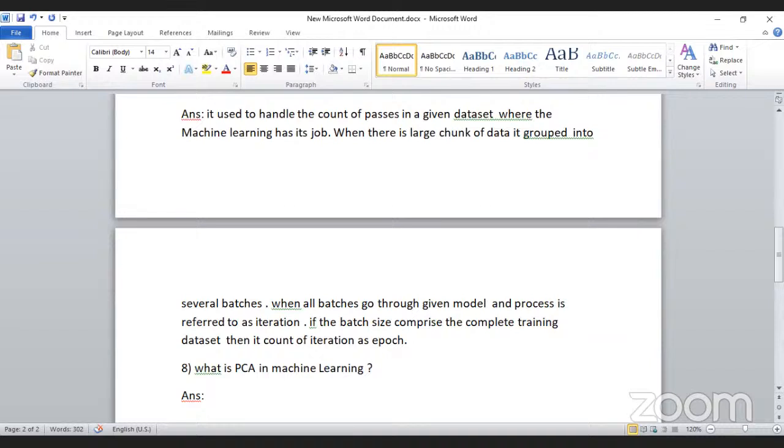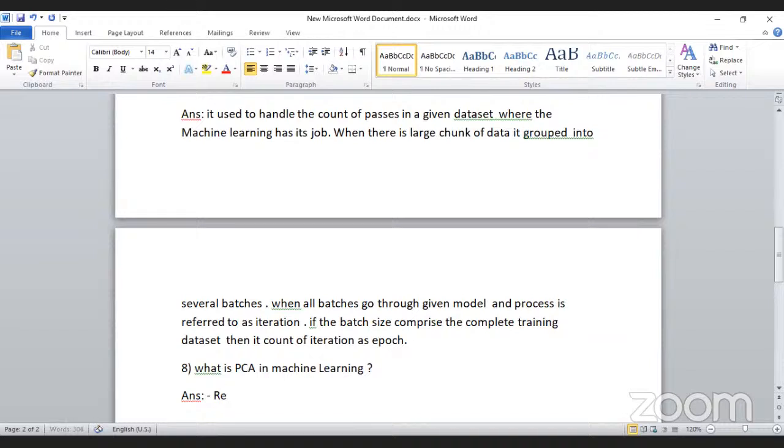Yes, it is principal component analysis, dimension reduction towards columns. What does it do?